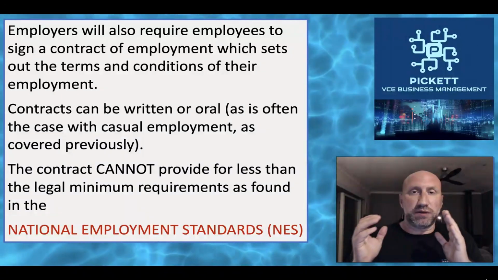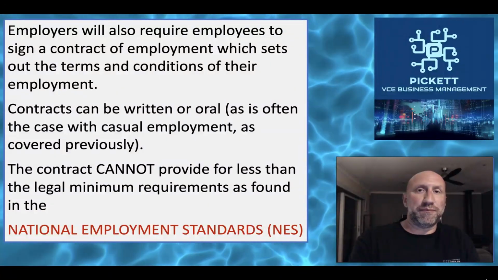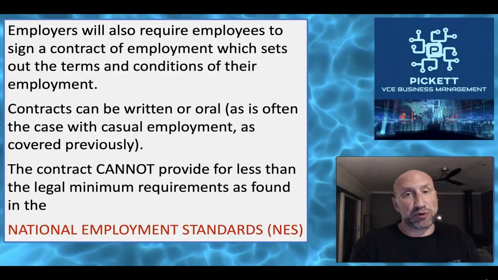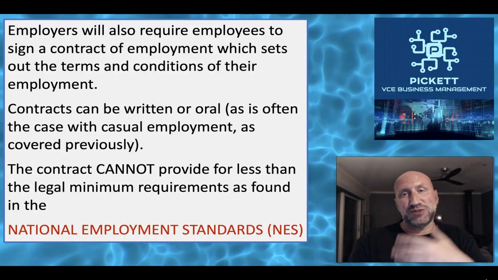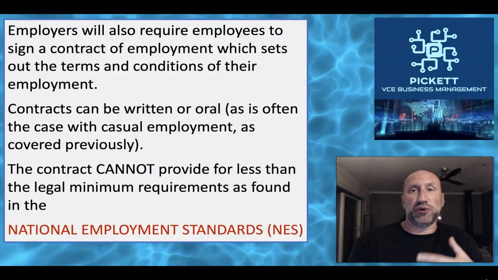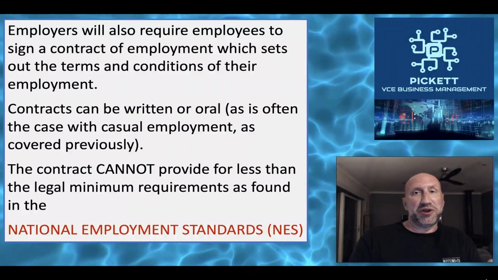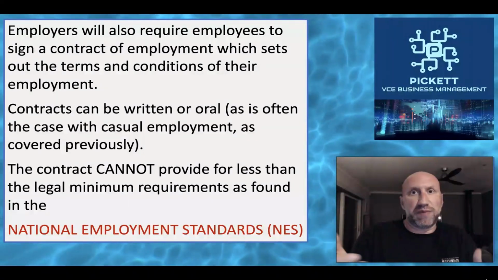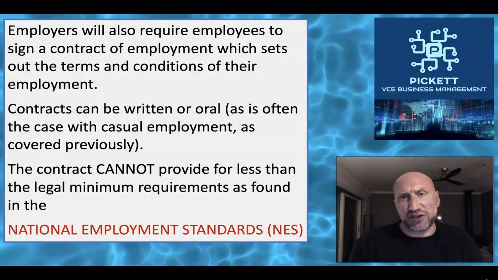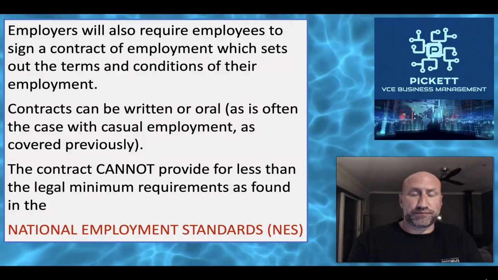Now, employers will require employees to sign a contract of employment, and that sets out the terms and conditions of their employment. Now, as we said in the previous video, if you're a casual, there might not be any signing of contracts done. It's all done by word of mouth, unofficially.